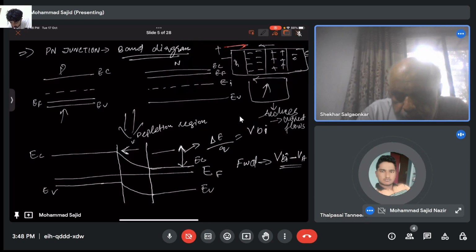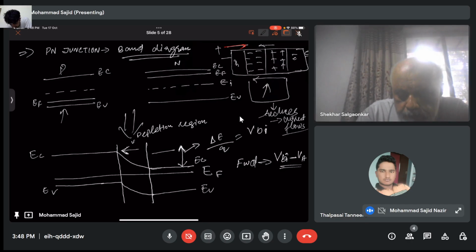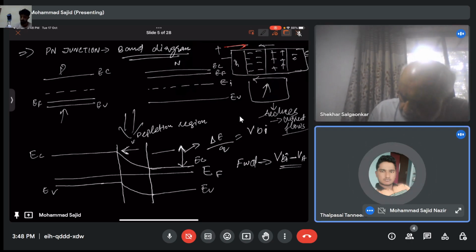Current flows in the opposite direction, sir. Yes, conventional current flows in this direction only, from right to left. Okay, so this is the basics related to the PN junction. Any questions? No, sir.